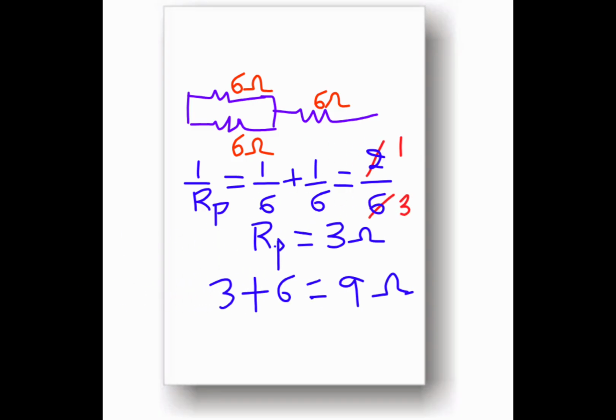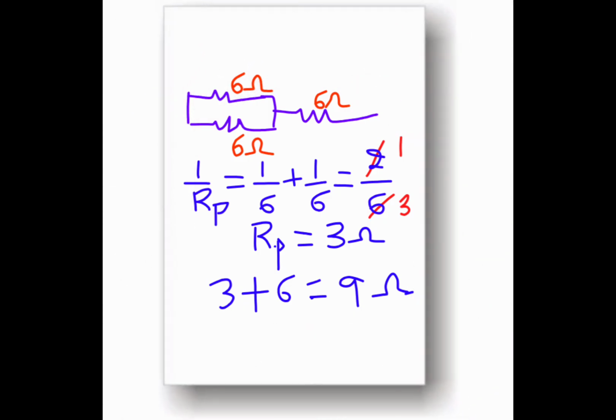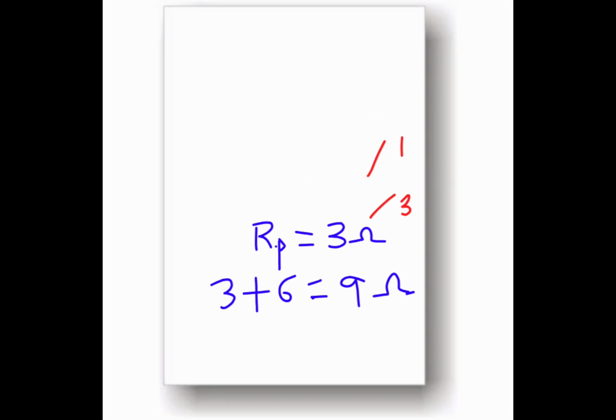If you cancel, 2 ones are 2, 2 threes are 6. Now your answer is 3. So we have one more resistor which is connected in series. Now you add that 6 ohm resistor with the 3 ohm resistor, you will get the answer 9 ohm. This is correct. This is the correct method. So you can follow this to get 9 ohm as an answer.